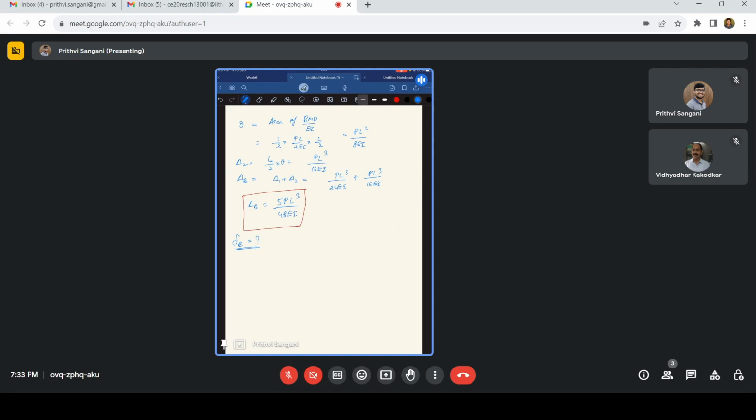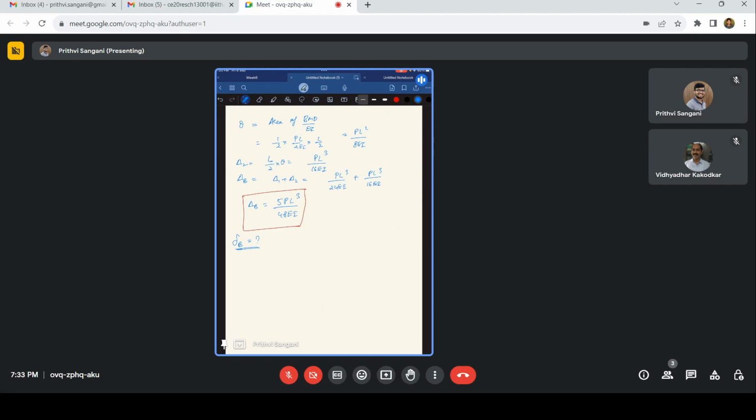For this you just use the unit load method, and you can easily find out what the displacements are for each type of loading.